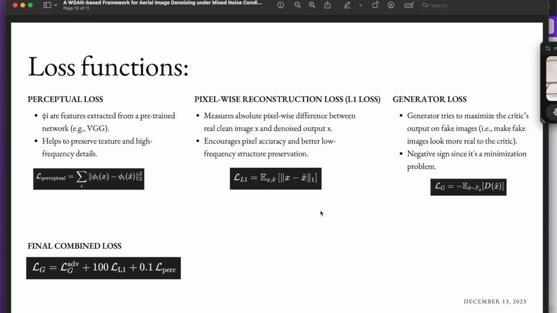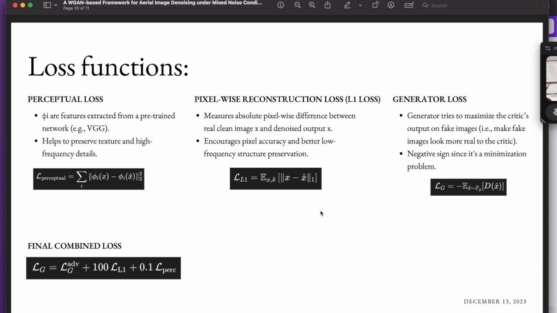In order to get a good image, we should have a good and proper loss function. Our loss function comprises three parts: perceptual loss, pixel-wise loss, and generator loss. Now, what does perceptual loss do? Perceptual loss is calculated with the help of a pre-trained model, let's say VGG or ResNet or anything.